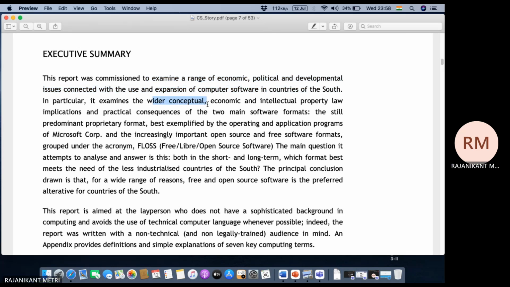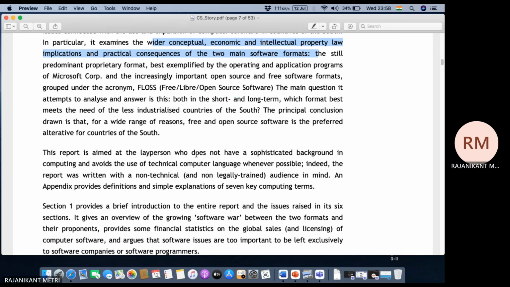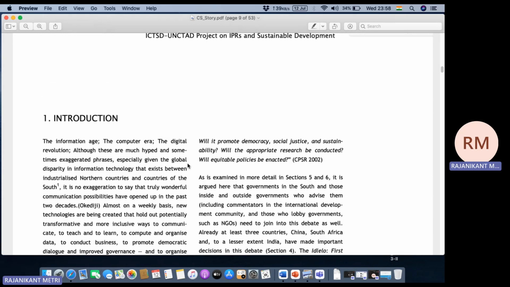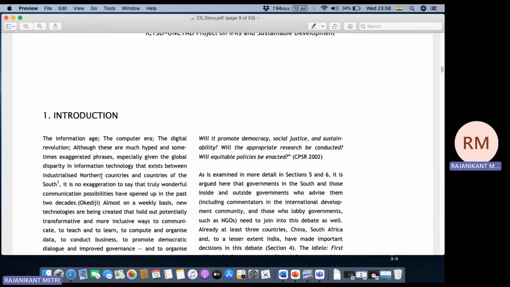It examines wider conceptual, economic and intellectual property law implications and practical consequences of two main software formats: the predominant proprietary format and the other one, FLOSS, that is free or libre or open source software. You can go through this executive summary, or if you have time, you can go through the detailed article also.